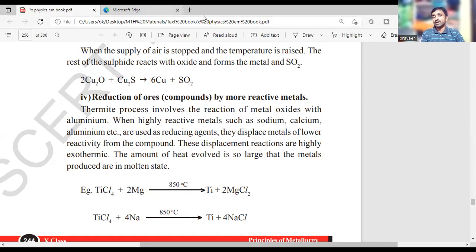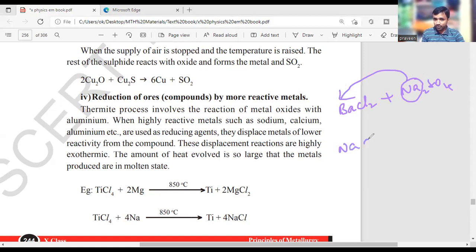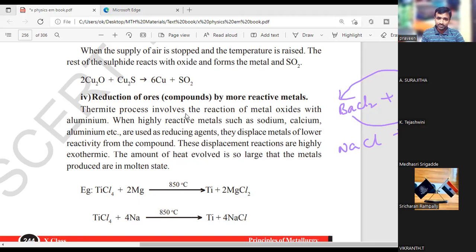For example, in the second lesson, chemical equations, activity 2, barium chloride and sodium sulfate were taken. Here, sodium is highly reactive. It can displace barium and form the compound NaCl. Barium combines with the sulfate and gives you BaSO4. Did you remember that? Have an idea about that reaction? Activity 2, second lesson, chemical equations.